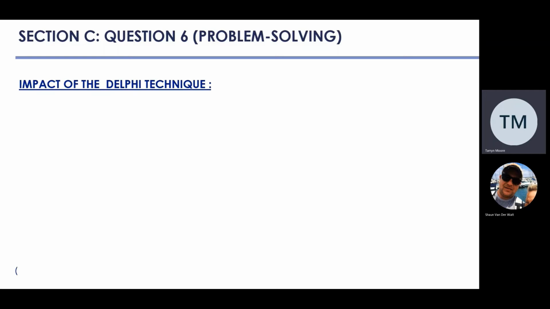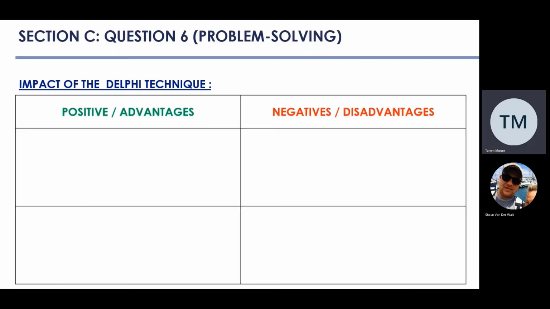Now DELPHI, we all know, experts, questionnaires. We're looking at the impact, therefore you're looking at positives and or negatives. You study the ones that you know are the easiest for you to remember. It can just be positive, but it can also just be negative. It can be a combination of both.